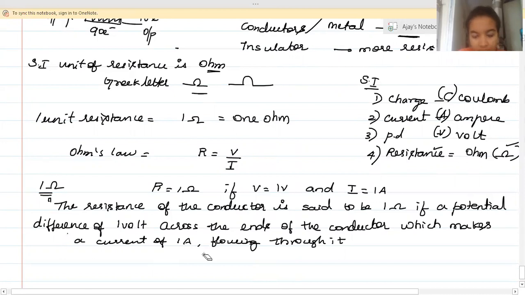Understood? A potential difference of 1 volt makes a current of 1 ampere flow, then we call the resistance 1 what? Ohm. 1 ohm. Write down the SI unit of resistance and the definition of 1 ohm.